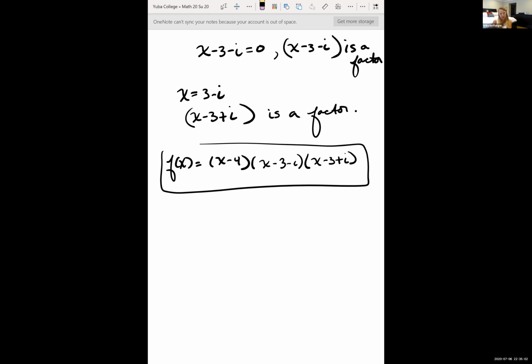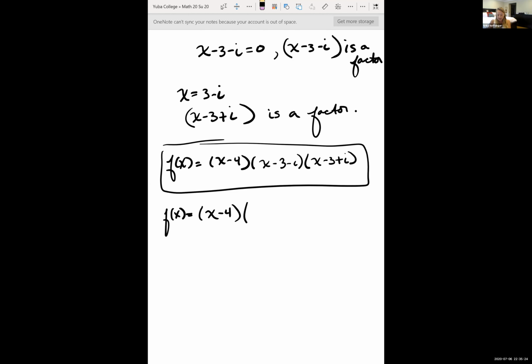Let's say they don't want it that way. Let's say they wanted it expanded. When you multiply the factors, the complex factors, the conjugates together, there's basically a difference of squares, so things are going to cancel out with one another.